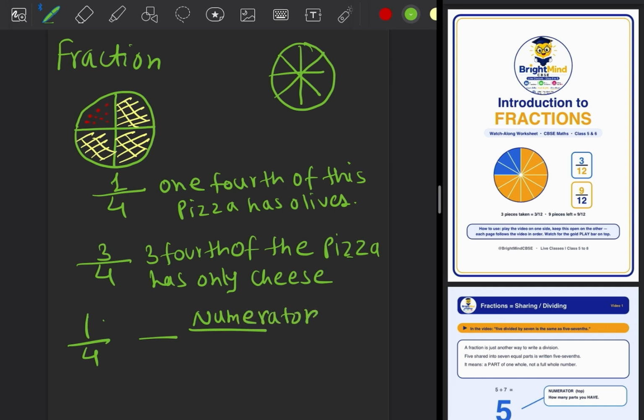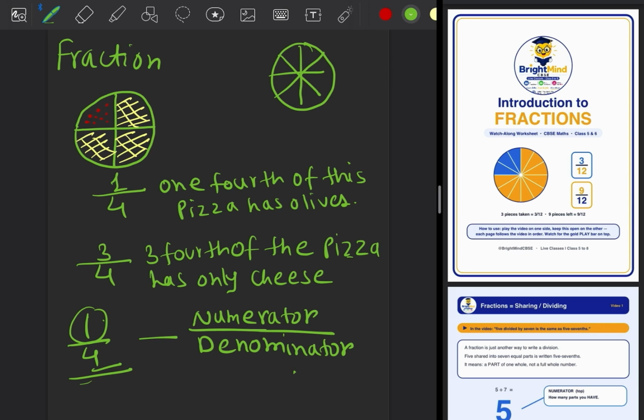It tells us how many parts we have. And the bottom number is called the denominator. It tells us the total number of equal parts.